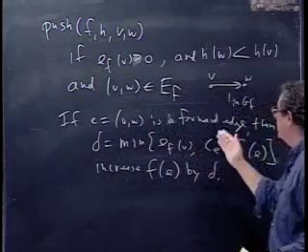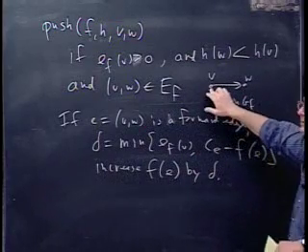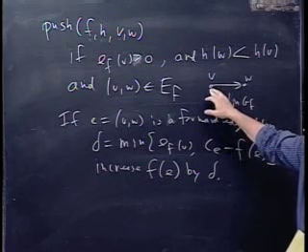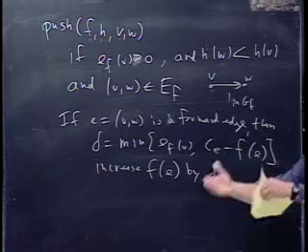Okay, so what's this saying? You have some excess at V. You've got more flow into V than you have out. So you'd like to get rid of that, either pushing it forward or backwards.